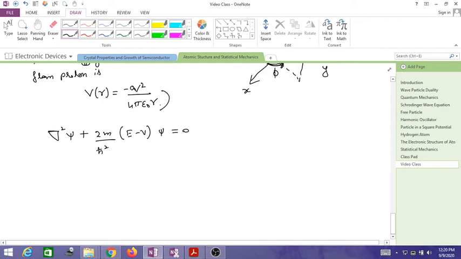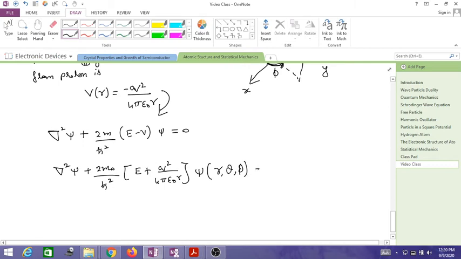If we substitute V here, we get gradient square psi plus 2m naught by h bar square into E plus q square by 4 pi epsilon naught r, times the wave function in spherical coordinates, psi of r, theta, phi, equal to 0.